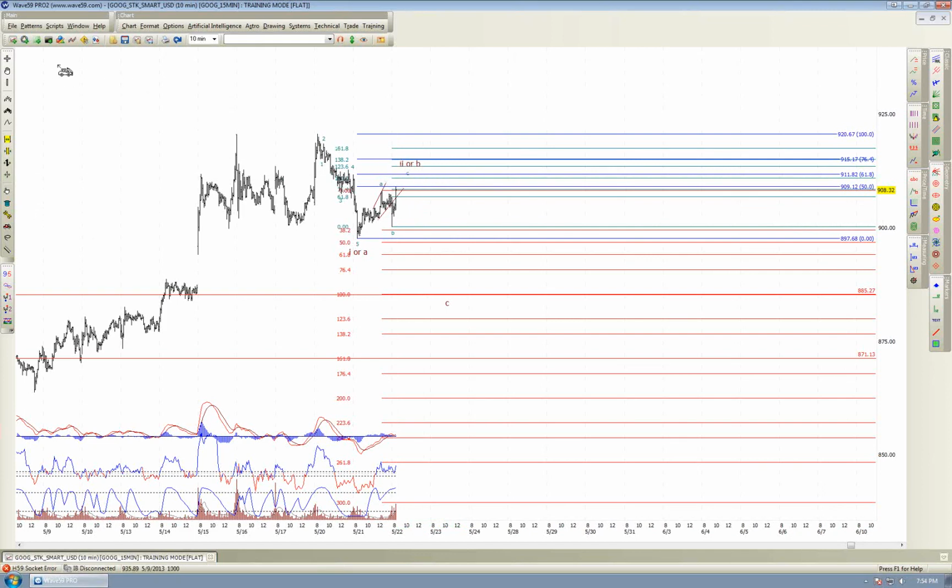And either layer in at that point and add more if it continues higher, or, you know, just allow yourself enough room. So either the B wave's not complete or that C wave truncated at the 0.764 and the 0.50 retracement.